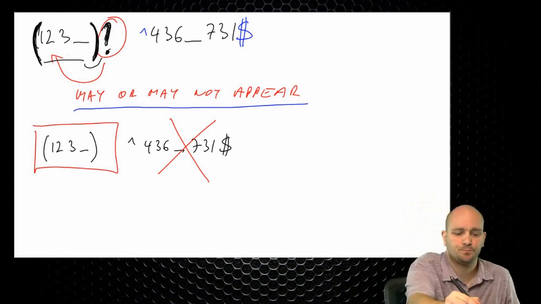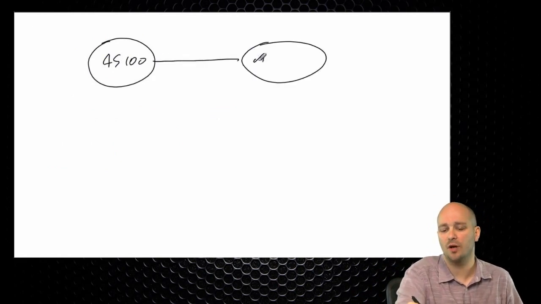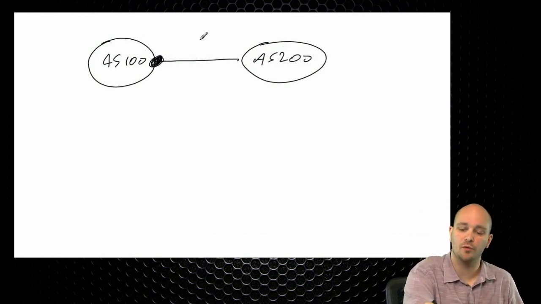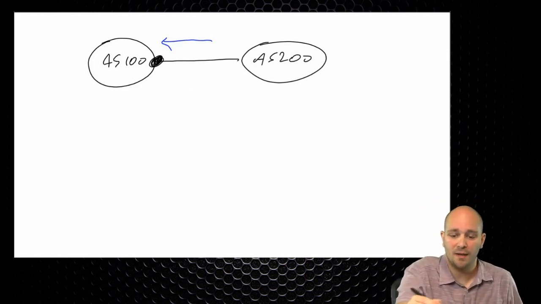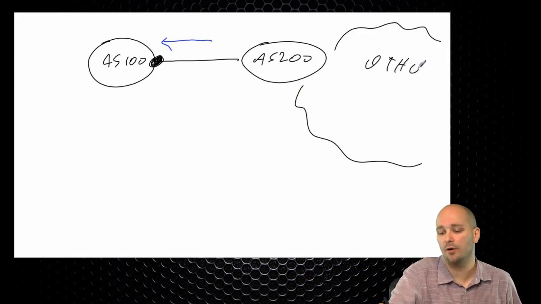Here is one thing. Let's say that you have two autonomous systems. Let's say that you have AS100 that is connected to AS200. Now, you need to filter traffic, or not traffic, you need to filter the routes coming in this direction here. Now, mind you, behind the AS200, I might have any number of other autonomous systems.